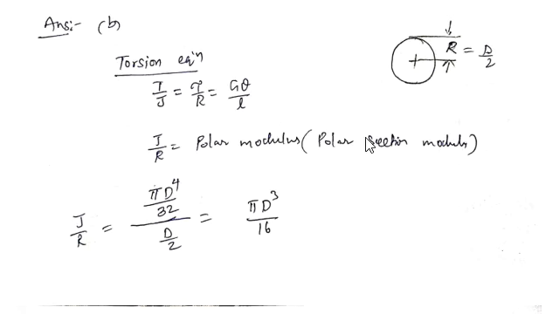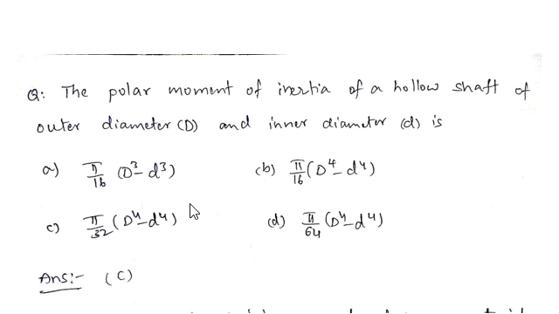In the previous question we have seen the polar moment of inertia for a solid shaft as pi by 32 d power 4, but for the hollow shaft it is pi by 32 capital D power 4 minus small d power 4. Polar moment of inertia means moment of inertia about the polar axis. When you take the cross section of the shaft, you will get a circle. The polar moment of inertia about ZZ, with XX and YY taken in the plane of the circle, so ZZ will be the axis of rotation.